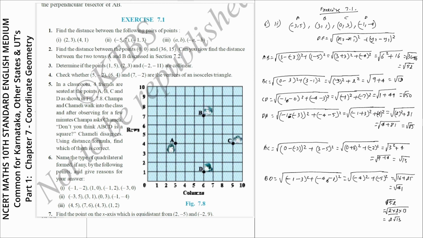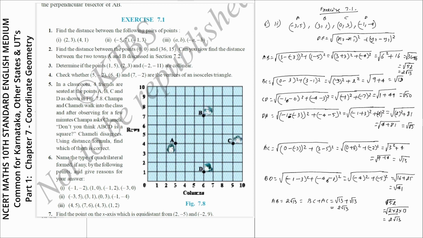So AB I'll write as 2 root 13. Now you can see that AB is equal to 2 root 13, which is also equal to BC plus AC. So what is BC? BC it is given as root 13, and AC also we got it is root 13. So root 13 plus root 13 is 2 root 13.